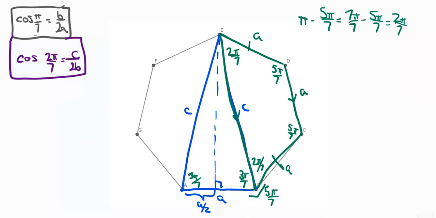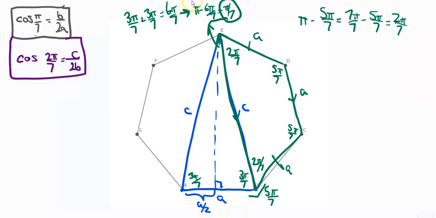And up here at the very top angle here, 3 pi over 7 plus 3 pi over 7, well, that equals 6 pi over 7. So that means pi minus 6 pi over 7, well, that'll equal pi over 7, which is our vertex angle right there. Now, again, we're establishing a cosine relationship in this very triangle.